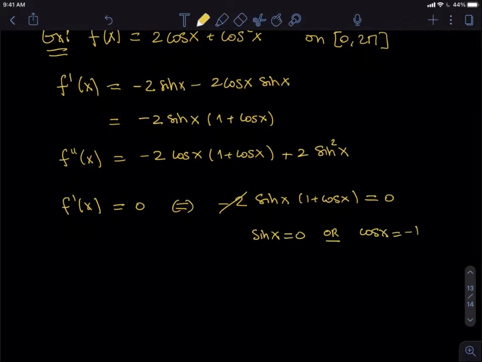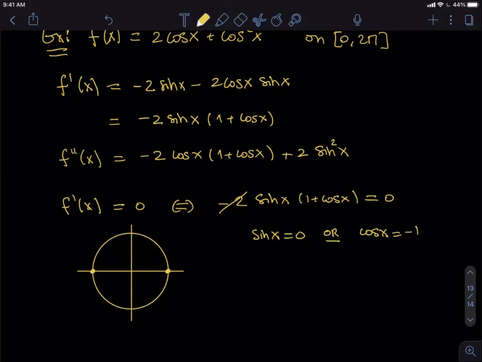Okay, so let's see very carefully in the trigonometric circle. There we go. So the sine is equal to 0 here and here.